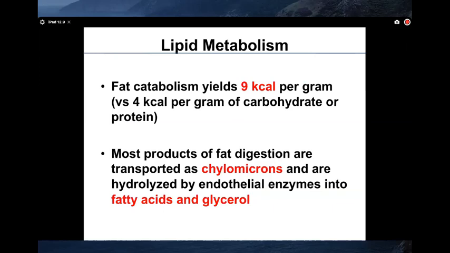All right, so we can have a break for 10. We come back, discuss the lipid and protein metabolism, and those are going to be the last two topics that we're going to be discussing today, along with some homeostatic imbalances related to the metabolism.